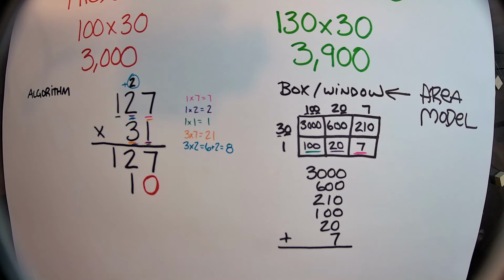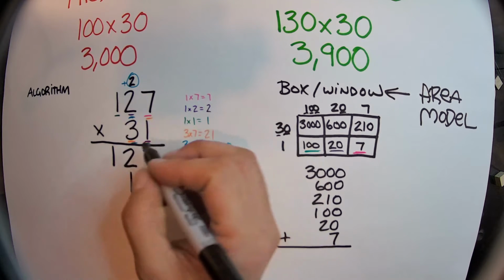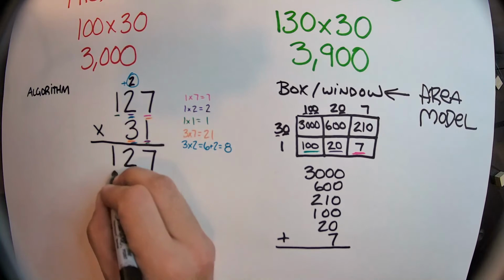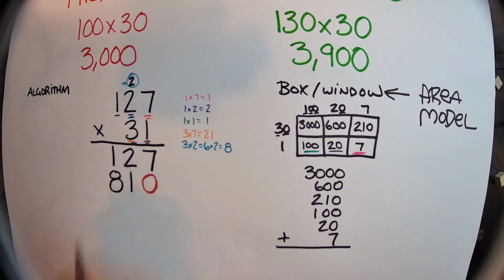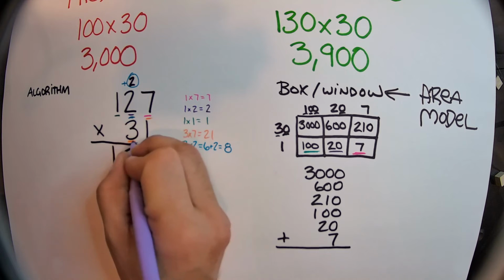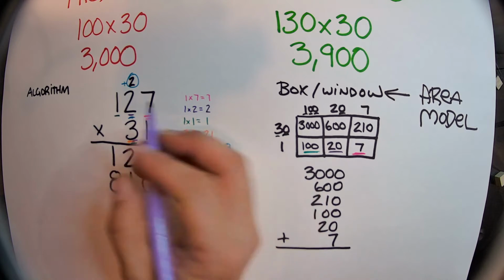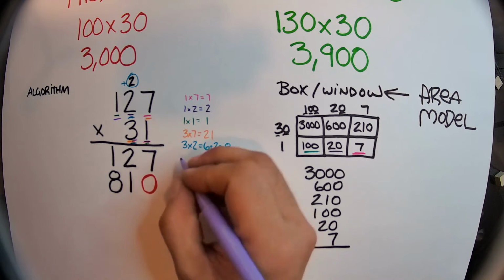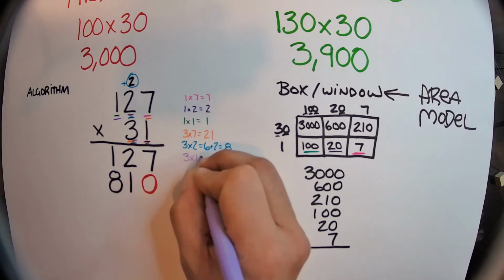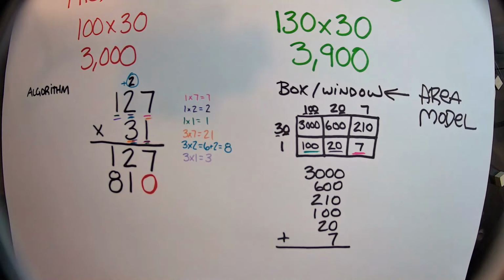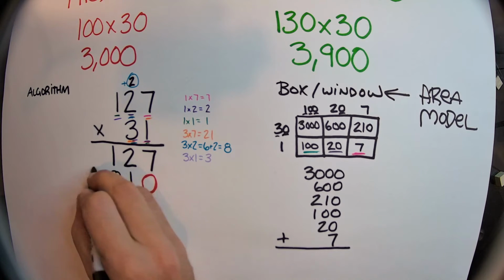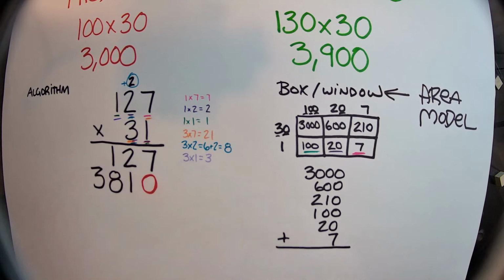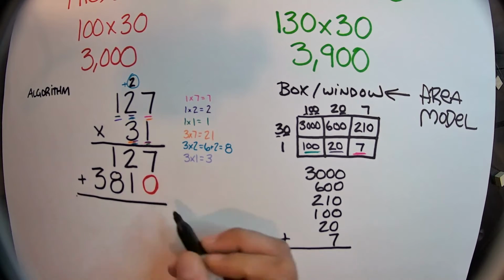All right, finally, we're going to take our 3 tens and multiply it by 100. What that looks like though is 3 times 1. 3 times 1 is 3. And just like that, we have our second line.